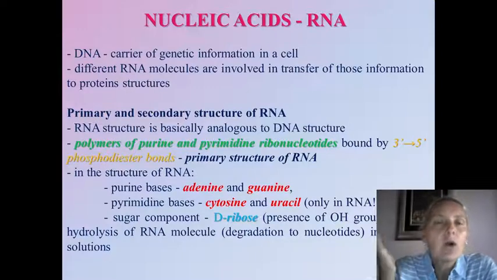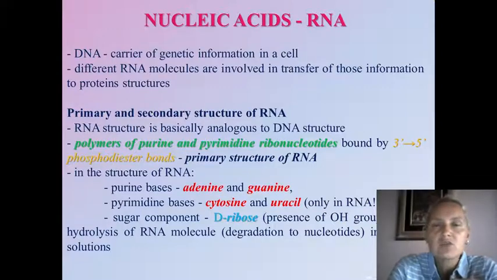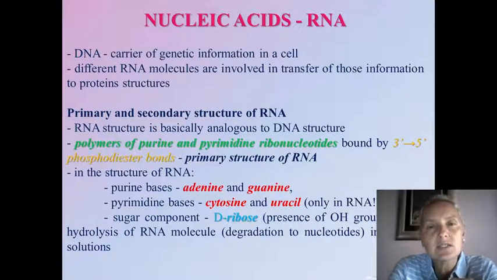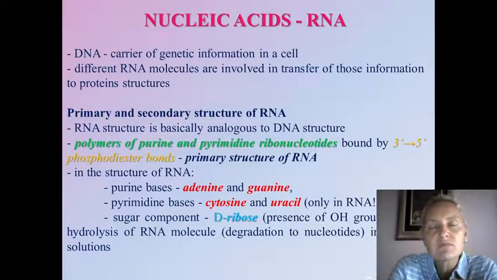So we all know that DNA is the unique carrier of genetic information in a cell. And we know from previous chapters, from the introduction to proteins and the DNA story, that the genetic information incorporated in the structure and sequence of nucleotides in the DNA molecule is transcribed or transferred to the sequence of nucleotides in specific RNA molecules.